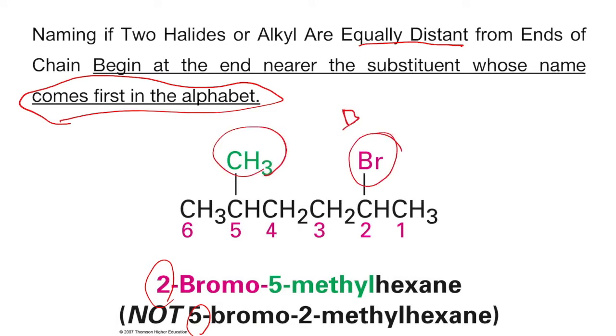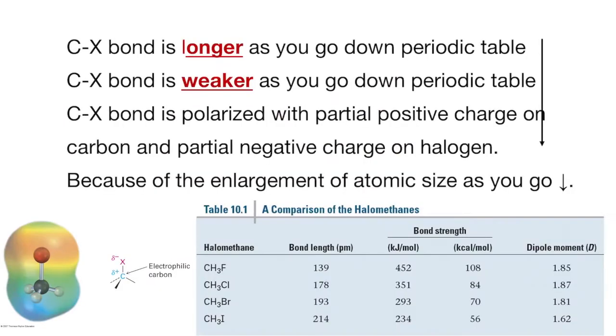I have methyl and I have bromine, B, M. We start with 2-bromo, not 5-bromo. Which one is heavier? The bromine is heavier. We start 1, 2. And why do we say 2-bromo, not 5-bromo? Because of the alphabetical order.